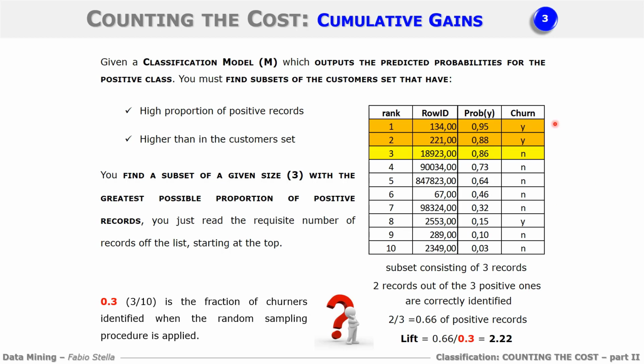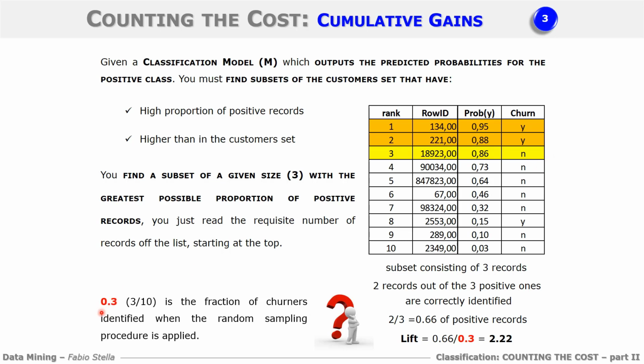So in other terms, if out of these 10 customers we form, using random sampling, a sample of potential churners consisting of 3 customers, then, because this sample consists of 3 elements, which is 30% of the total amount of customers, we would expect that if the selection is random, exactly 30% of the churners will be correctly identified. In particular, in this case, we would expect that nearly 1, so in particular 0.9, churners will be correctly identified.